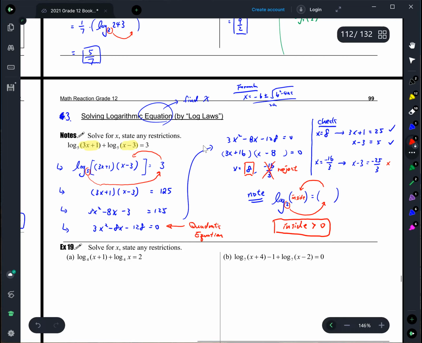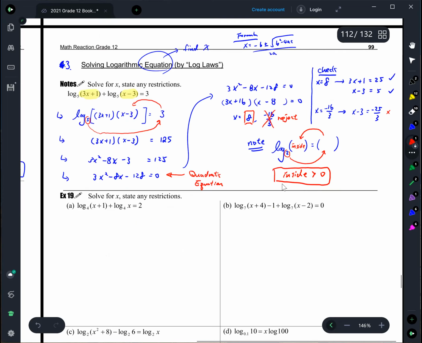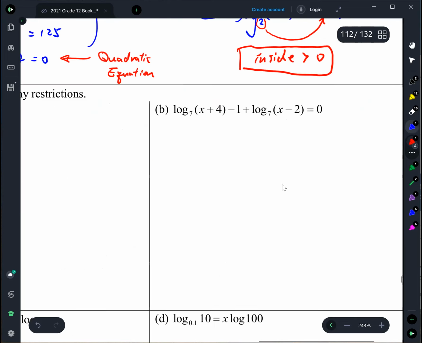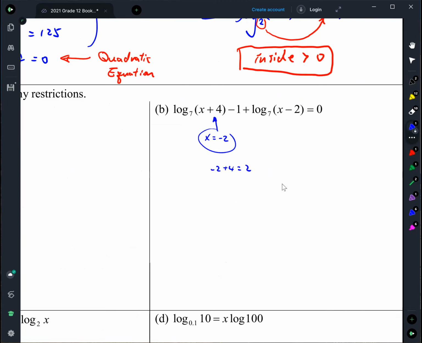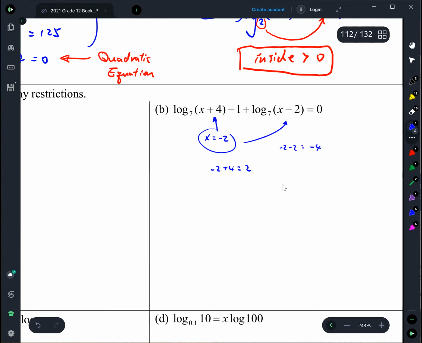Okay, I will say one more time: if you get an answer that is negative, it doesn't mean you need to reject it. You need to put it back in to make sure the inside is positive. For example, for question B, if you get x equal to -2 at the end, you plug it in here, -2 plus 4 is 2, so it's okay. But if you plug it into the other one, -2 minus 2 is -4, then this is not okay. As long as one of them fails, then you cannot keep it.